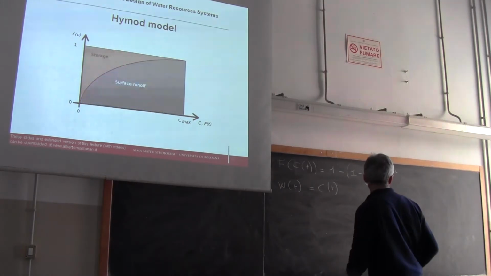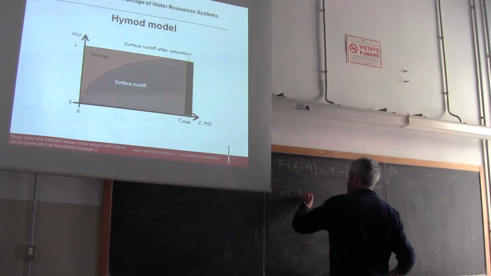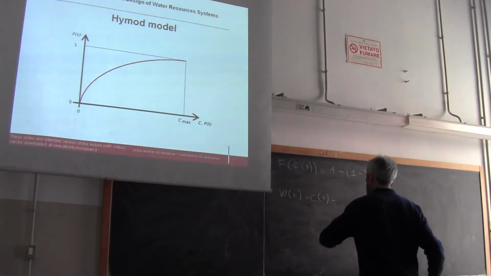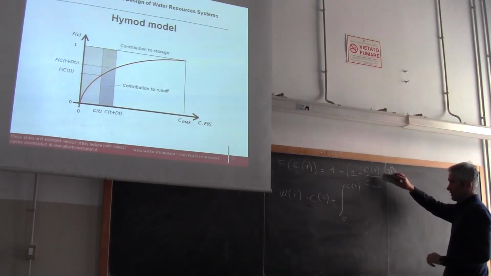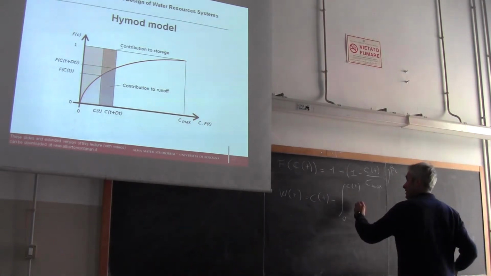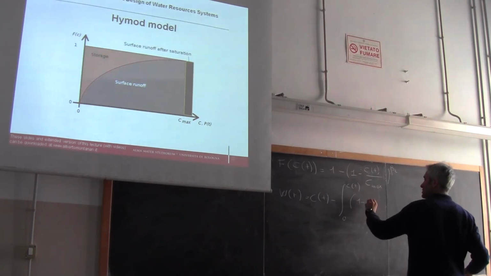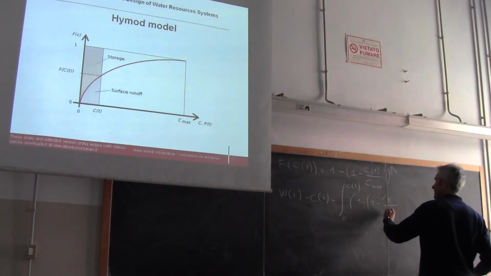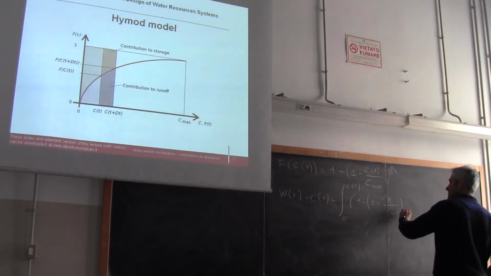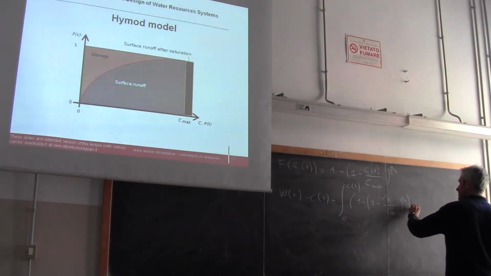Storage in the catchment, W(t), is equal to Ct, which means rain from the beginning of the event, minus the integral between 0 and Ct of Fc, which is 1 minus (1 minus k divided by C max) to the power of beta k, in dk.